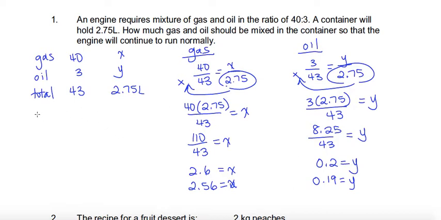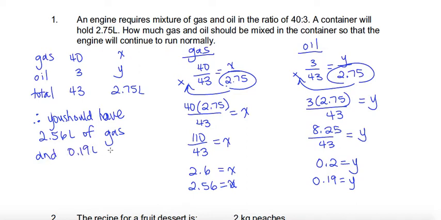So now I can say that, therefore, you should have 2.56 liters of gas and 0.19 liters of oil in the mixture or in the container.